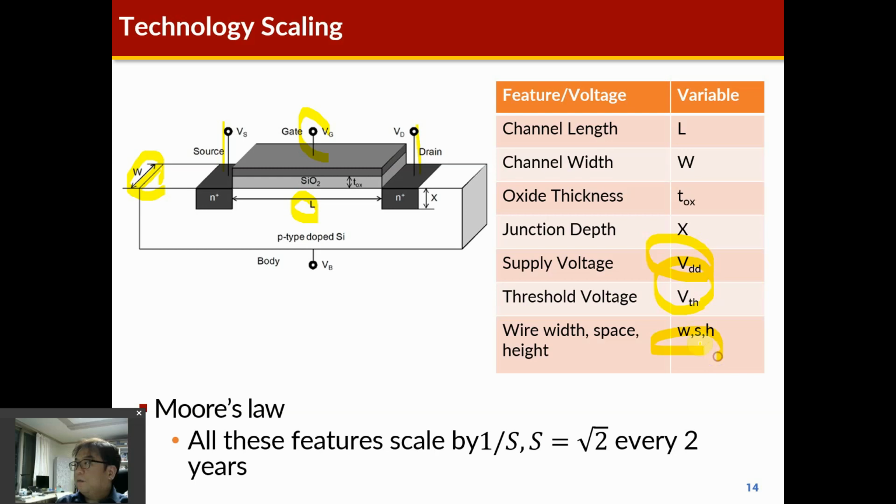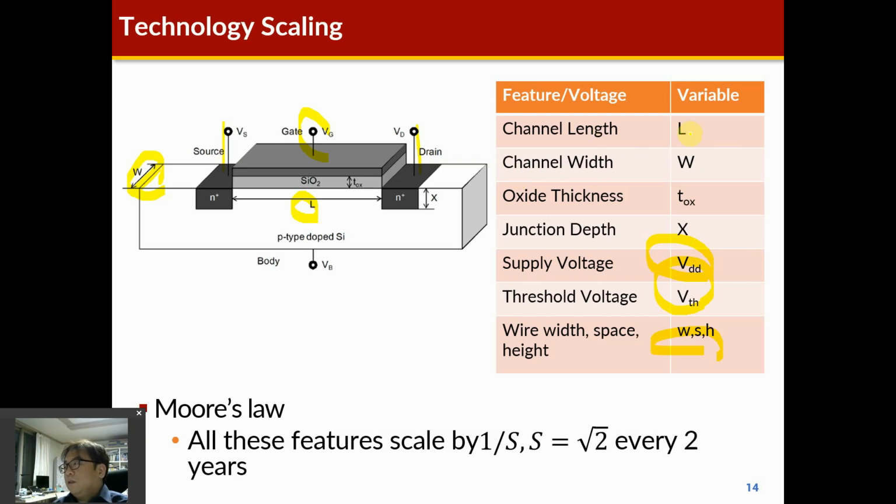For a computer engineering or computer science student, it's not easy to understand the basic detailed operation or the physics of the semiconductor materials.